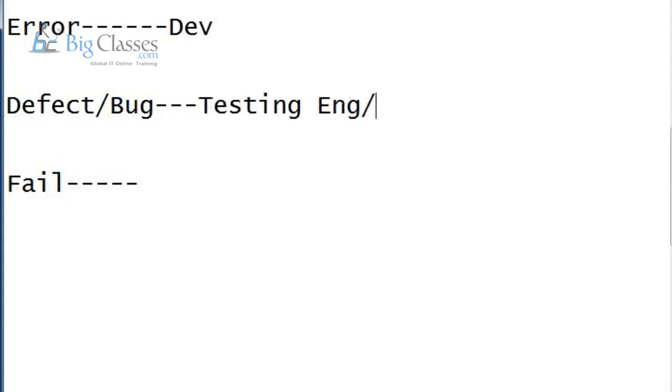So testing engineer is also called QA, quality analyst. The next one, failure. Development completed, testing completed, now released to the customer. During utilization, if the customer faces any problem from the application, for example, say I purchased one laptop and started using it, but after that a few features are not working, I'm disappointed at this point and I say this product is a failure, right?